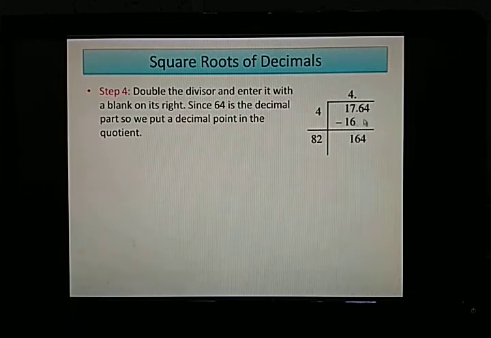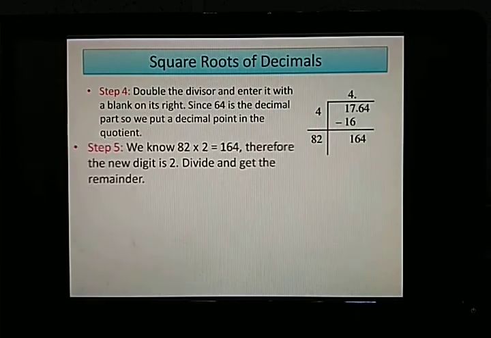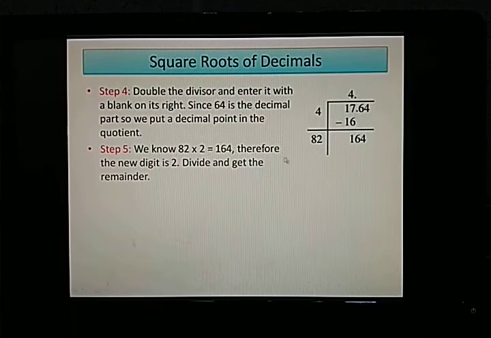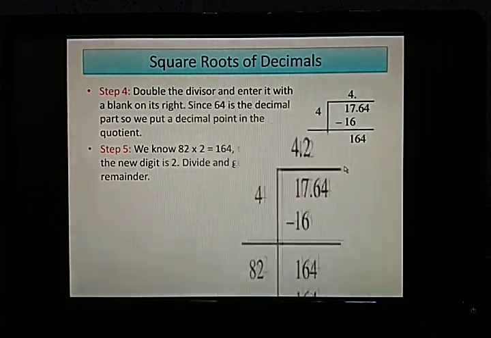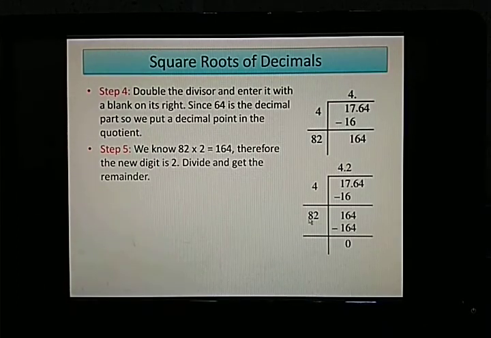Since we have brought down the decimal part, we have to put a decimal point after 4 in the quotient. Clear? So 82 into 2 is 164. So this 4.2 will be the square root of 17.64. Clear?